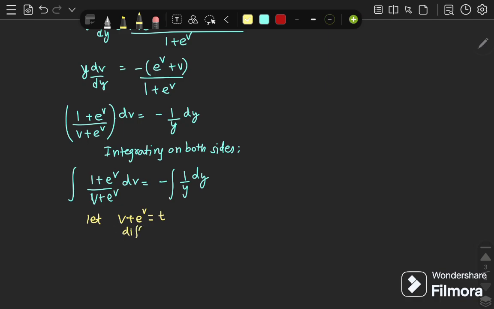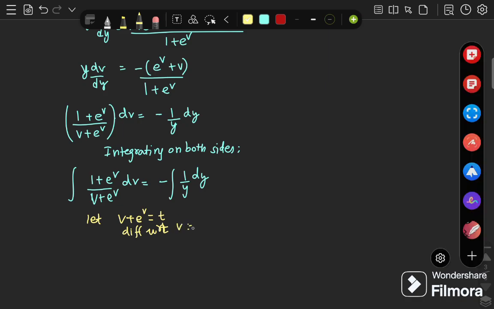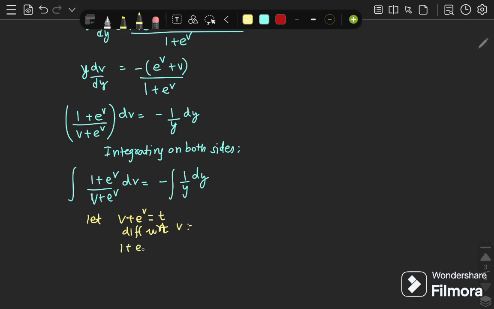So differentiating with respect to v on both sides, we will get 1 + e^v equals dt/dv. If I transpose this dv to the other side, I will get this. And if you clearly see, this is nothing but dt itself.